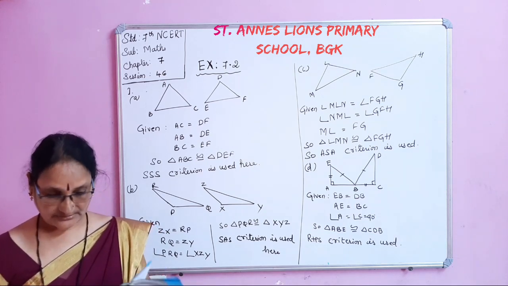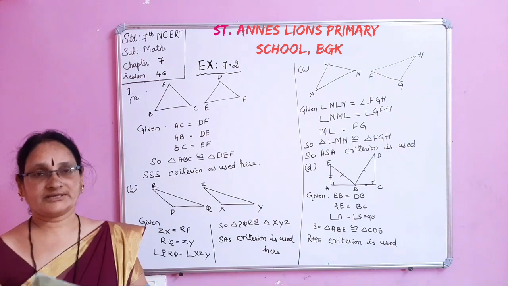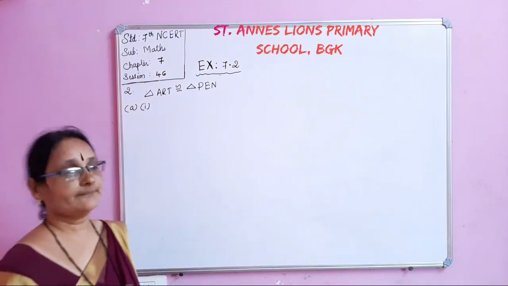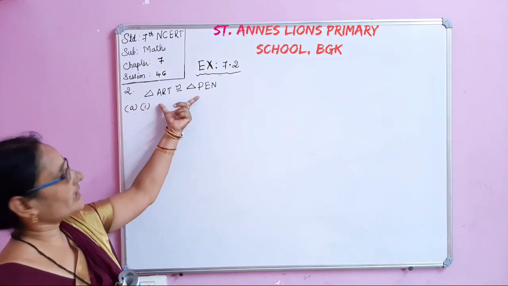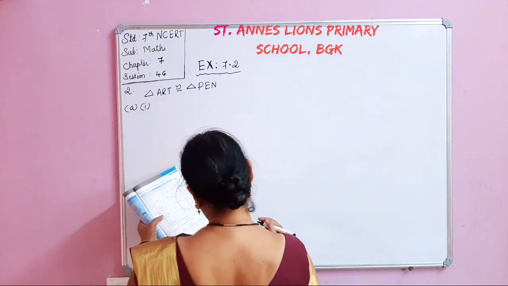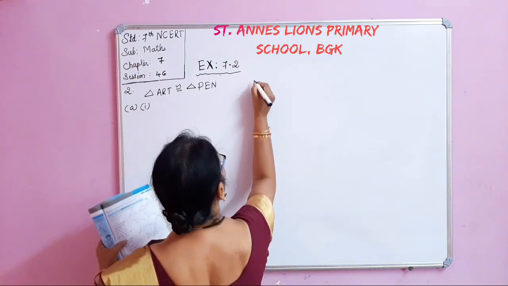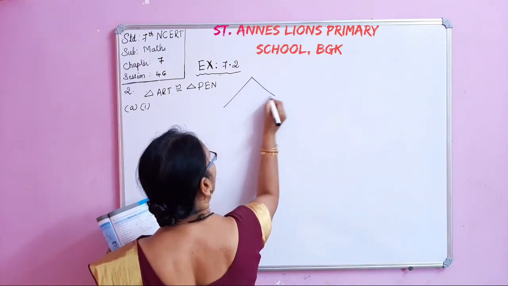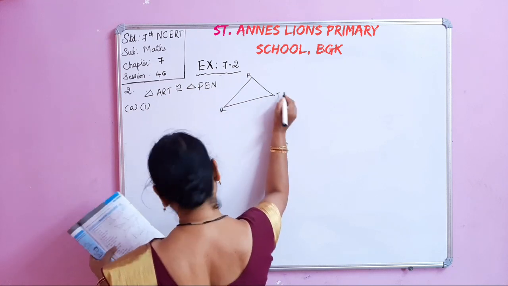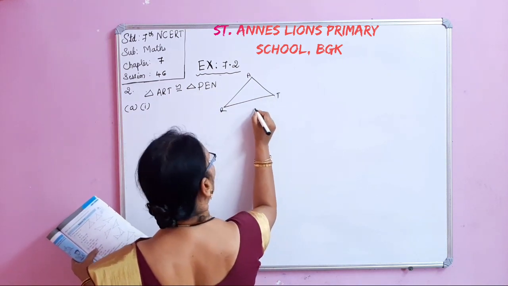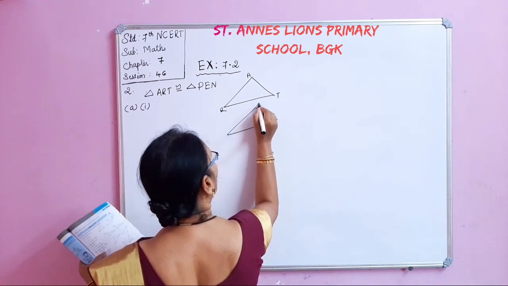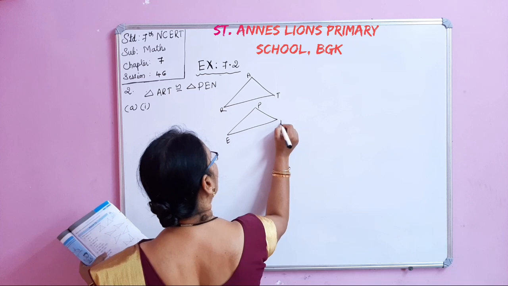Okay, you take this second main, I am going to solve. See here, in the second main, two triangles are congruent. Which are the two triangles? ART and PEN. Triangle ART is congruent to PEN.